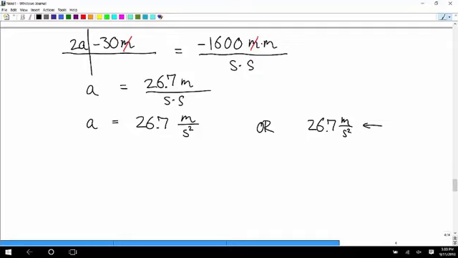Last time we got negative 26.7, but our positive direction was this way. So if we think of it that way, in both cases we got an acceleration of 26.7 that way. So even though the signs come out different, the meaning of it is the same.